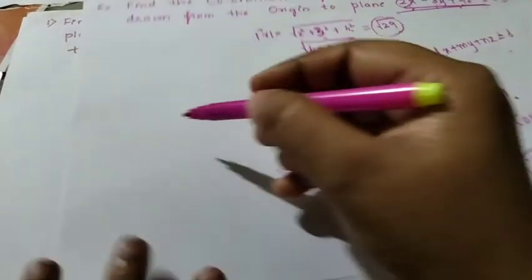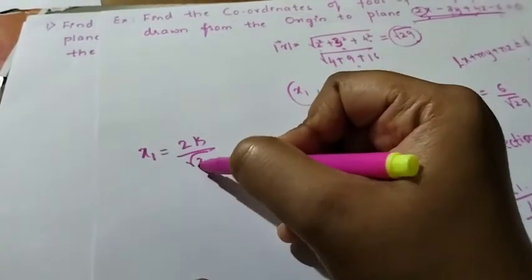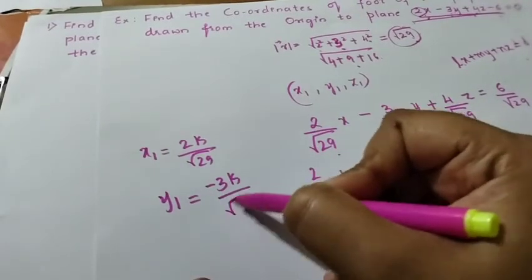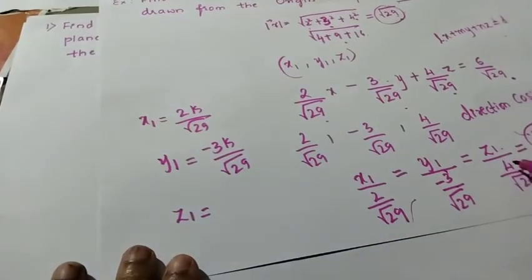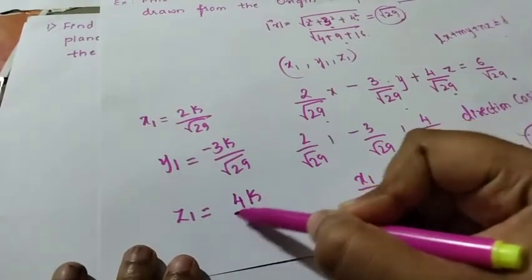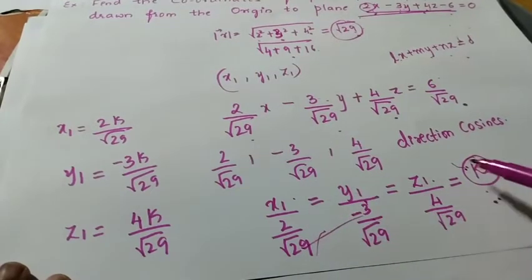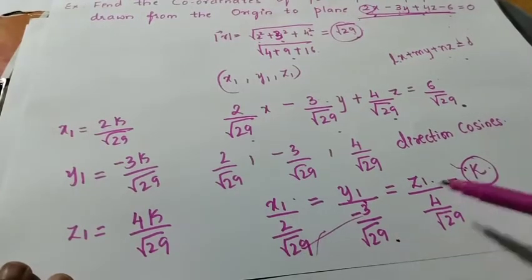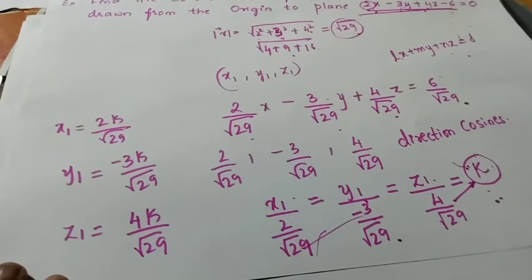The same thing I write here: x1 is equal to 2k divided by root 29, y1 is equal to minus 3k divided by root 29, and z1 is equal to 4k divided by root 29.